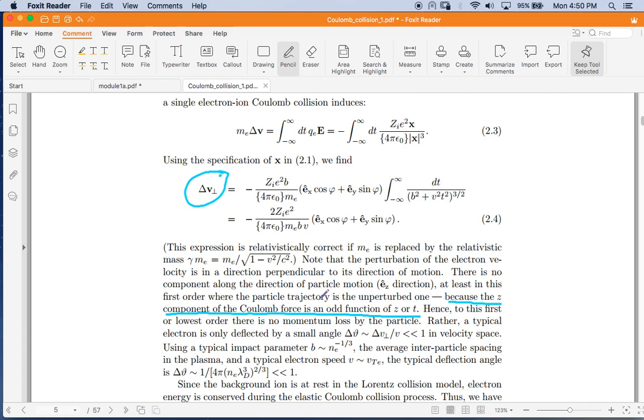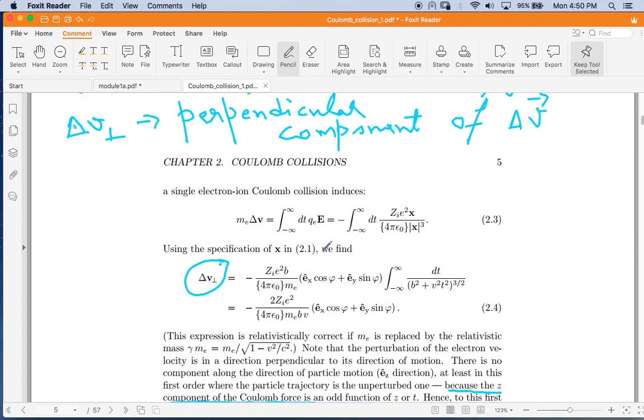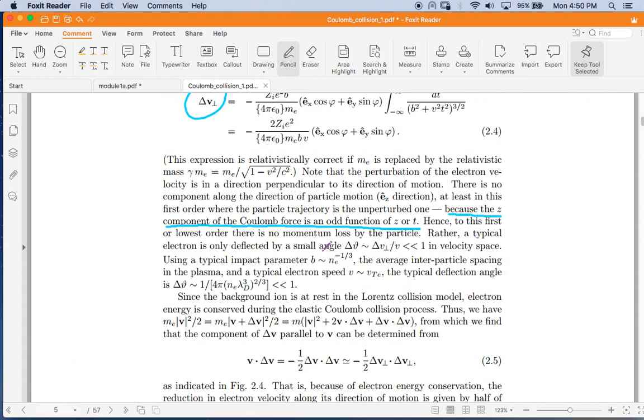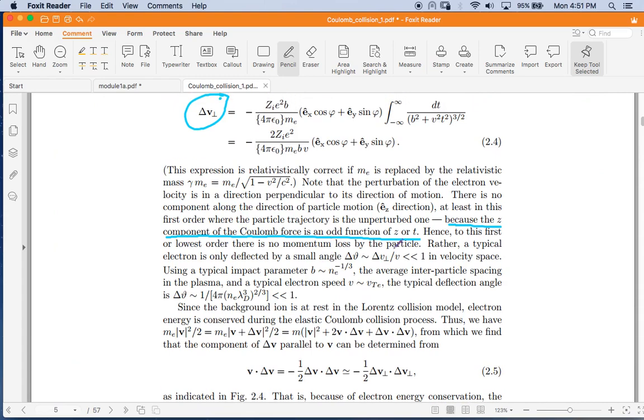Okay, the assumption is that the particle trajectory is unperturbed, and that follows from the way we've written down the Coulomb force also. Yes, because the z component of the Coulomb force is an odd function. So when you integrate from t equals minus infinity to infinity, it cancels out.